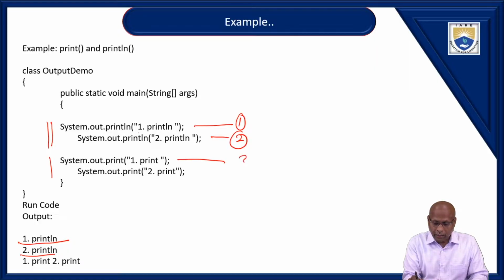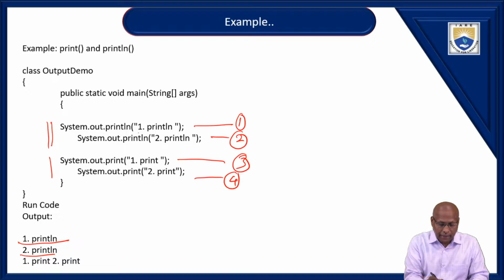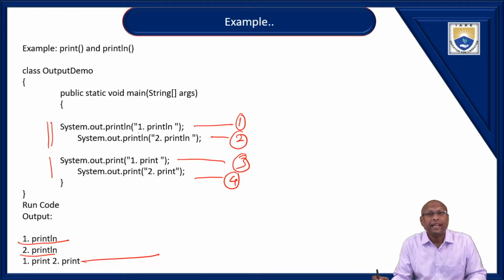Whereas the third one and fourth one will display everything in the same line. If you observe here, print and print, the last line, everything is in the same line. It is not going to the second line because you have written print. So the print method will allow you to print in the same line itself.